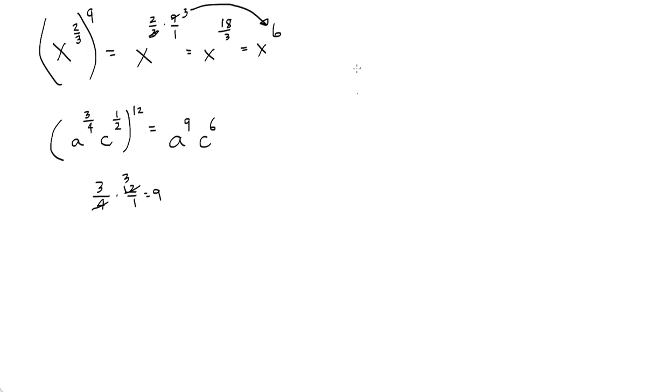What if we've got a number? Using a number in here is a little different. What if I have, for example, let's say 32 to the 3/5 power. Okay? The key to doing these is to write them as a radical that we learned in the video about rational exponents.